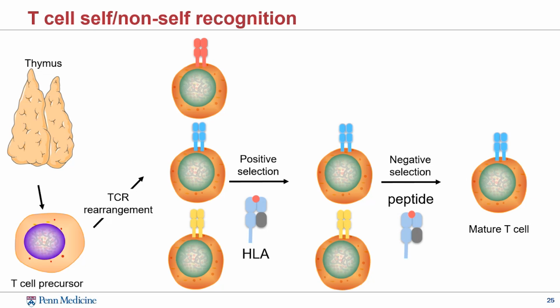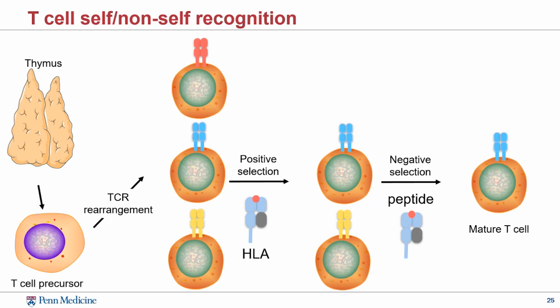And so what that means here is that this yellow one reacted with the HLA molecule, but it reacted too strongly with that self peptide, because in a normal thymus, as T cells are being educated, they're only going to be exposed to self peptides. And so this yellow T cell receptor interacted with a self peptide too strongly, and so it was negatively selected.